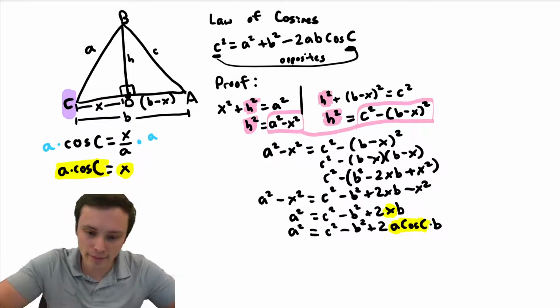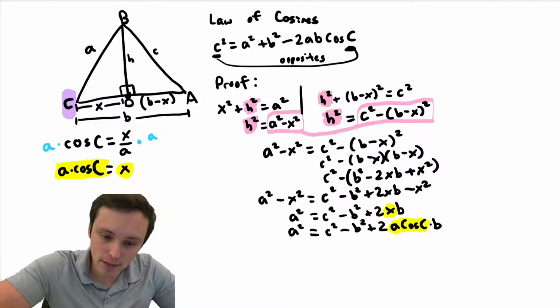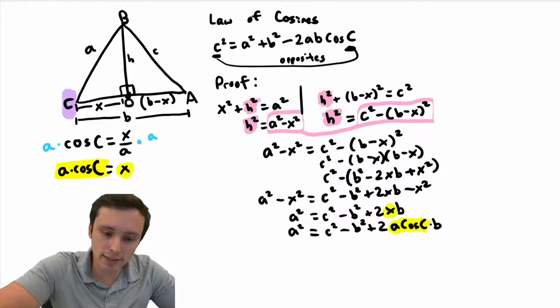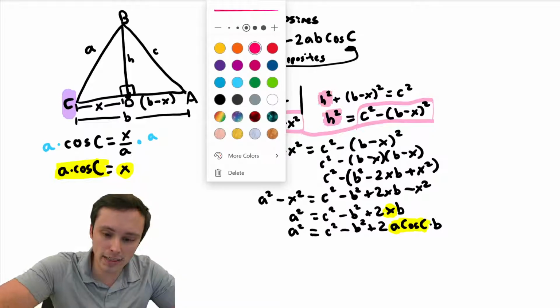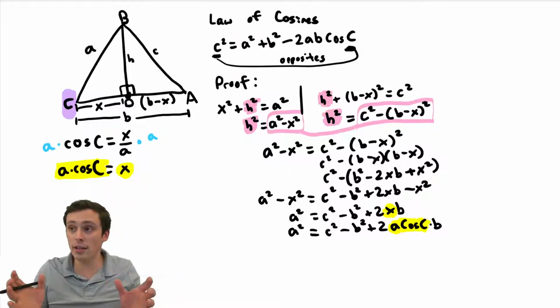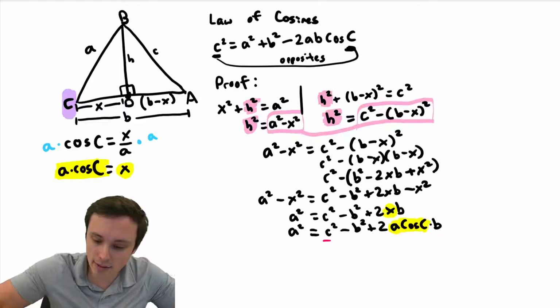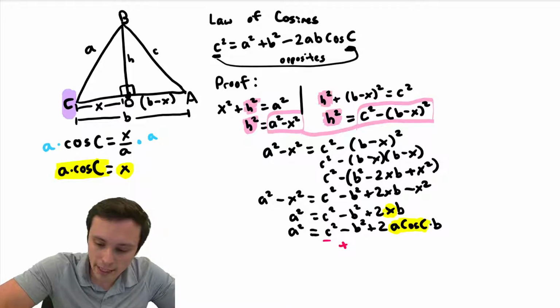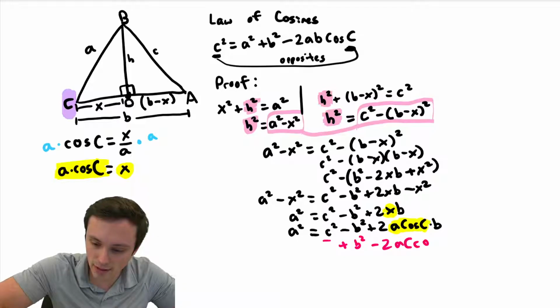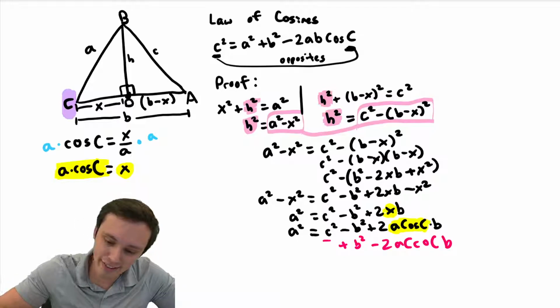I'd like to get rid of some stuff we don't actually need here. Let's get that c squared by itself. If we look at the law of cosines formula, the c squared is by itself. So how about we get this c squared by itself right here by adding b squared to both sides and by subtracting 2ac cosine c times b.